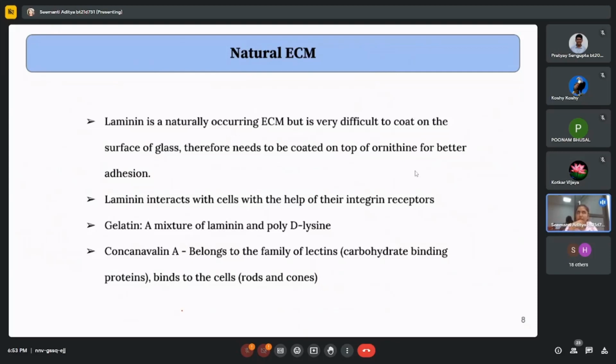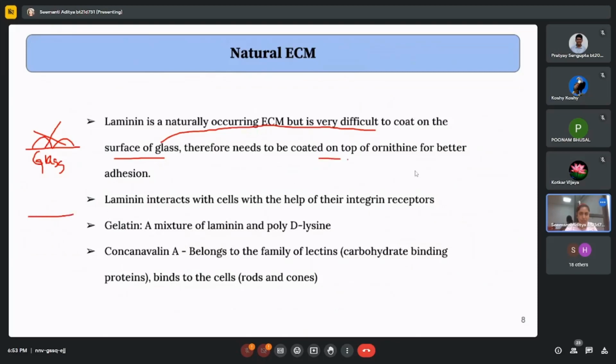Now, whatever cells we want to grow, depending upon the requirement, this kind of ECM is required. Laminin is a naturally occurring ECM, but it is very difficult to coat on the surface of glass. Suppose this is the glass; laminin cannot be directly coated because it does not interact with glass much. In order to properly coat it, we have to coat the glass first with ornithine.